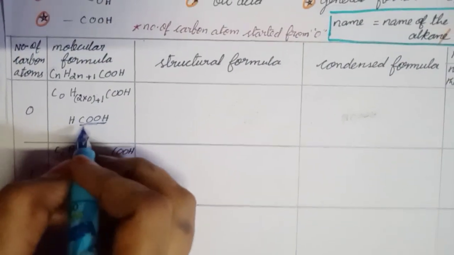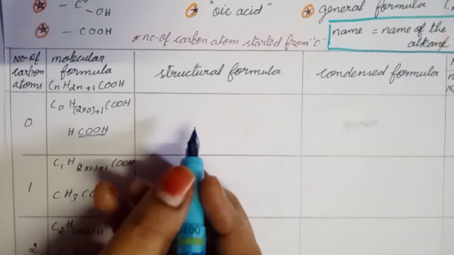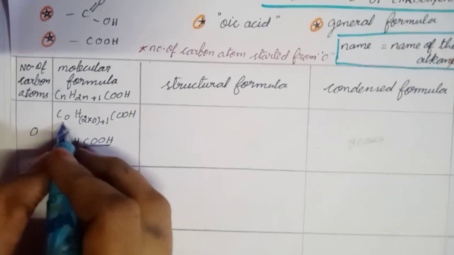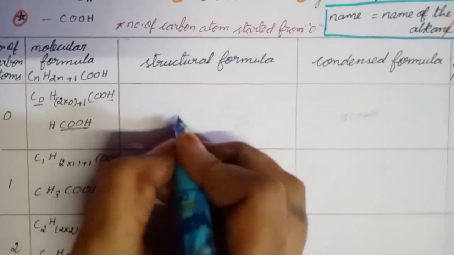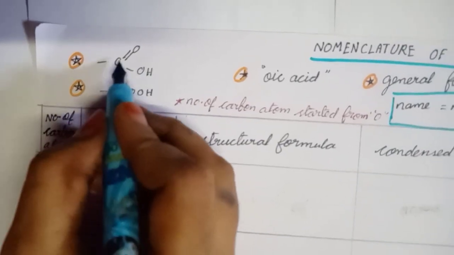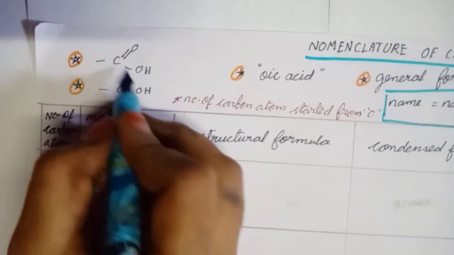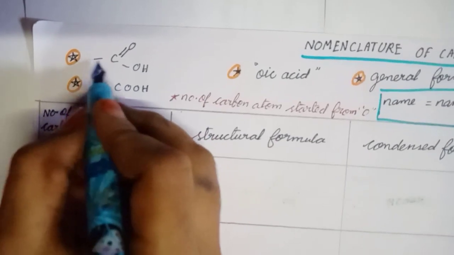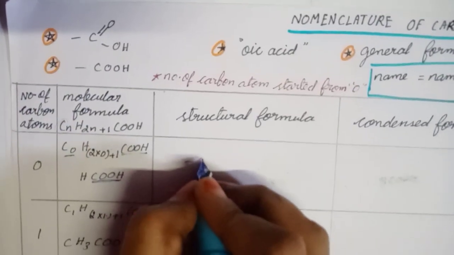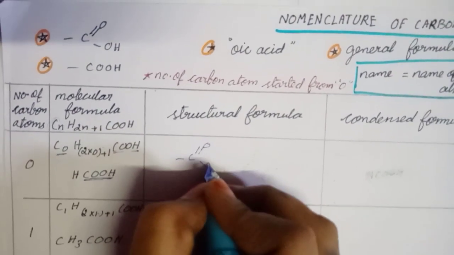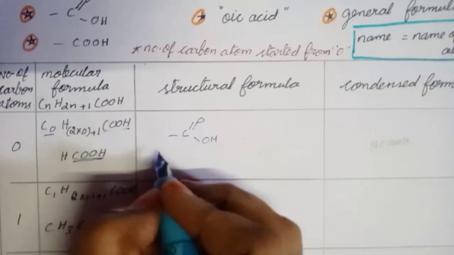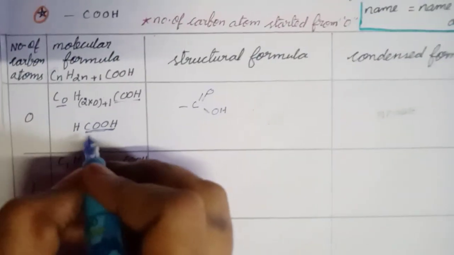HCOOH. How do we convert the molecular formula into the structural formula? Here there is no hydrogen, so we directly write the functional group. The structure of the functional group is C double bond O, single bond OH. This is the structure of the functional group COOH.